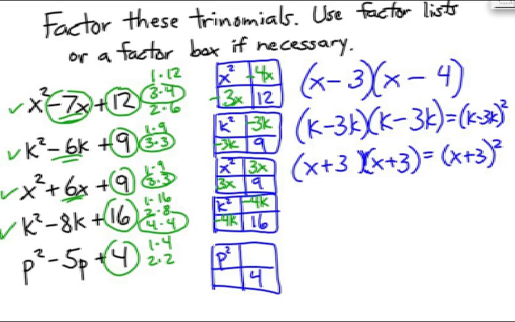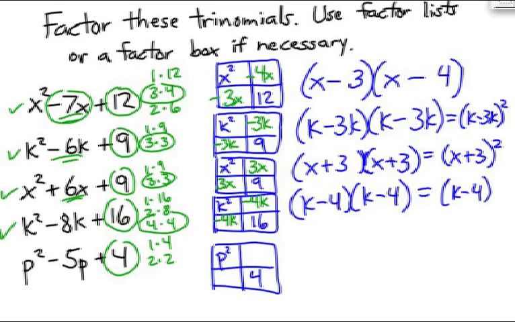So my answer would be k minus 4 and k minus 4. Again, a perfect square trinomial because I can write it k minus 4 quantity squared. All right, hope you're doing okay.